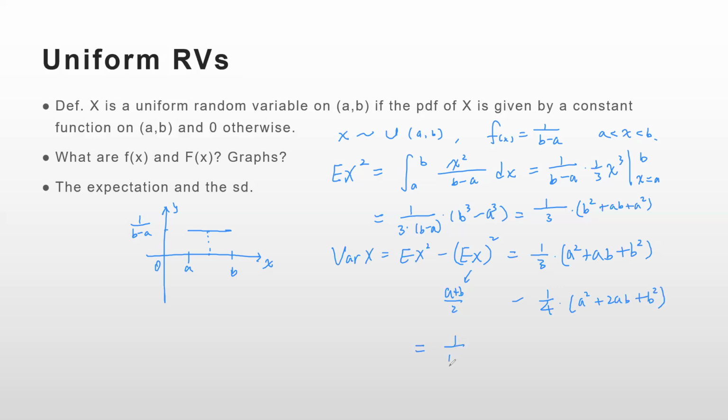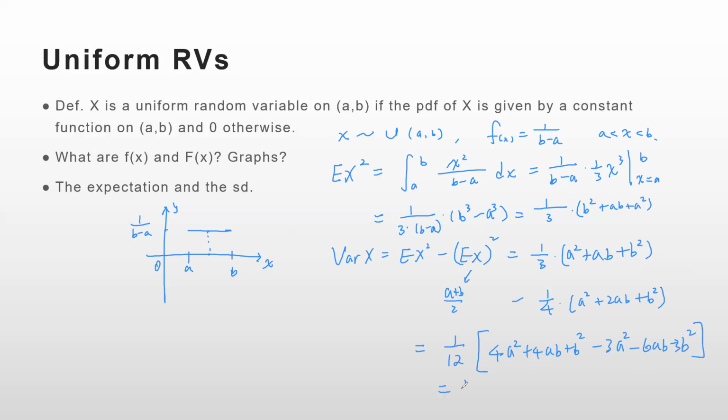Putting them together, you have 1/12, and I have 4a squared plus 4ab plus 4b squared minus, I multiply by 3, 3a squared minus 6ab minus 3b squared.